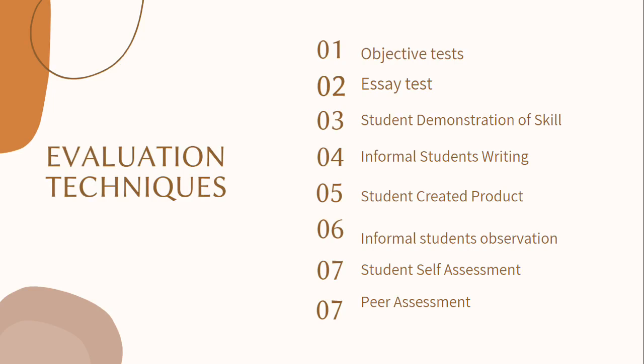For example, the multiple choices, wherein you're going to choose a correct answer from the given choices. The matching test, wherein you need to connect those words that are connected to each other. The true and false test, and fill in the blank test.